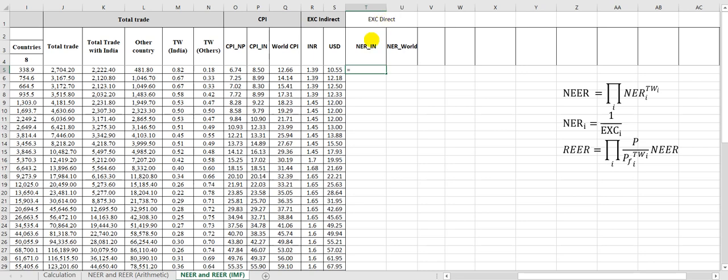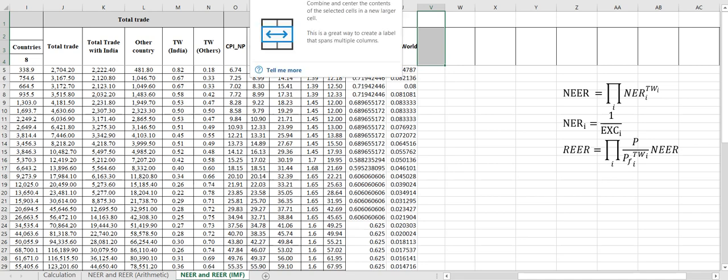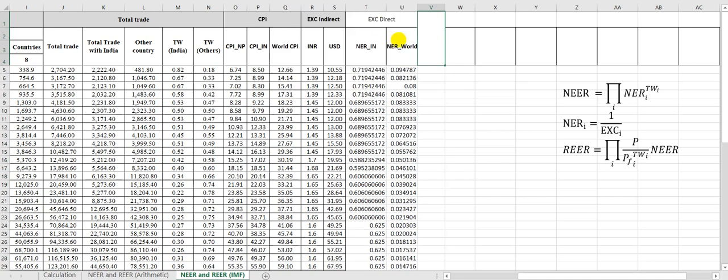So now we will repeat the same process. We will divide 1 by the exchange rate, drag it, and double click on it. Now we will create NER.